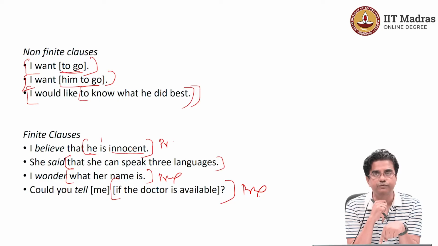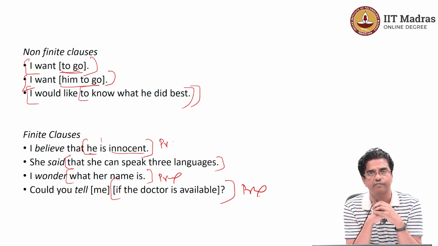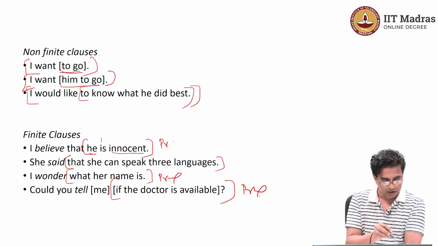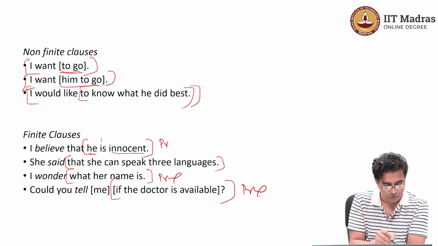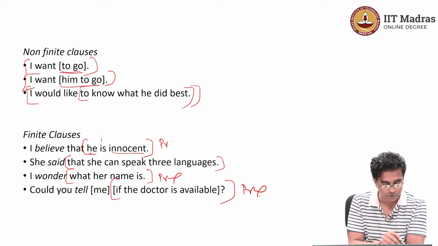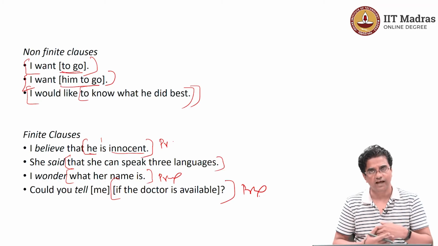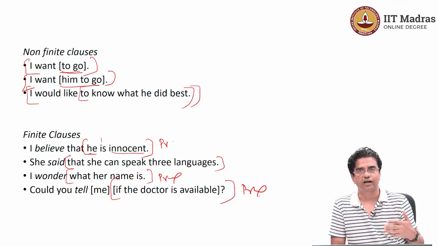We want him to go. Don't we speak these kinds of sentences all the time? I want him to go. This has no tense. So what is the difference between I want to go and I want him to go? I want to go is actually I want I to go.